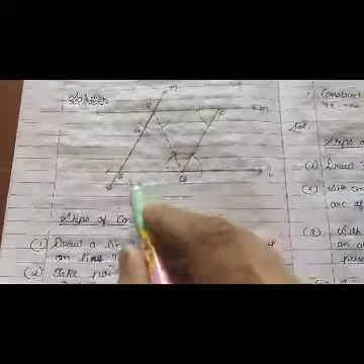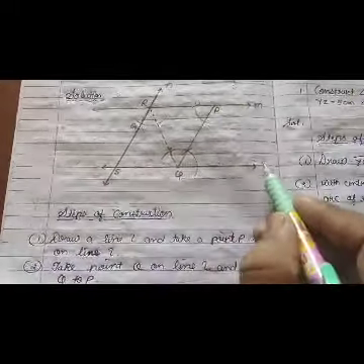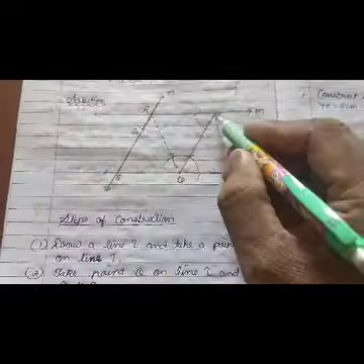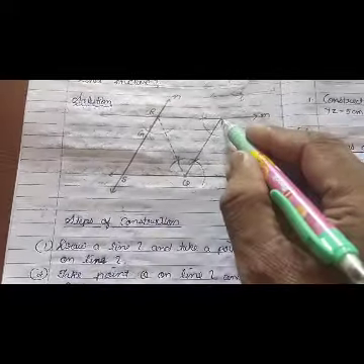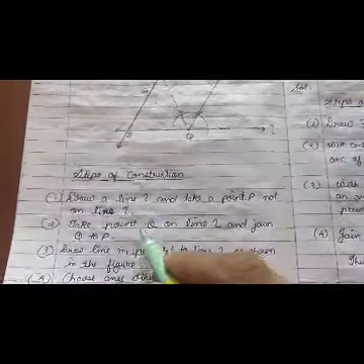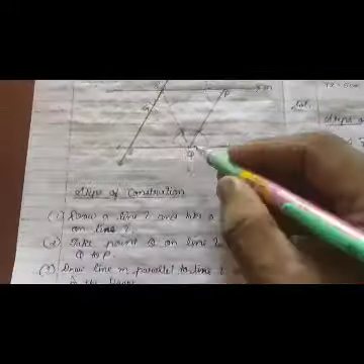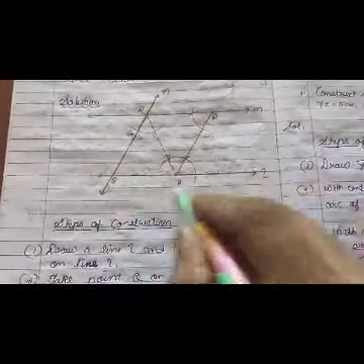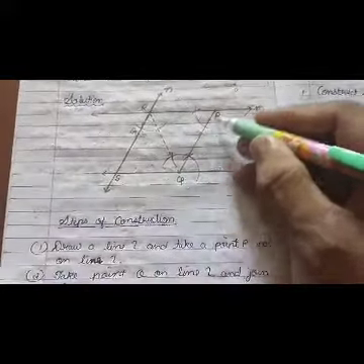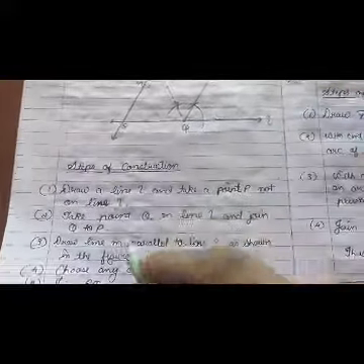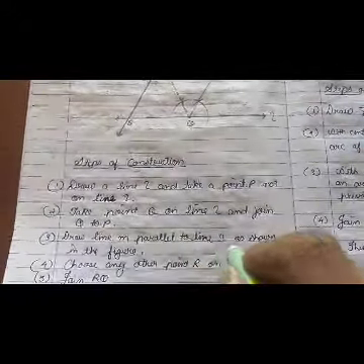Step one: draw a line L and take a point P not on line L. So you have to draw line L first, then take P somewhere outside this line. Then take point Q on line L and join Q to P. After doing so, draw line M parallel to L as shown in the figure.